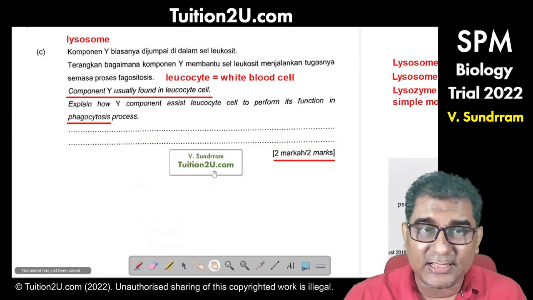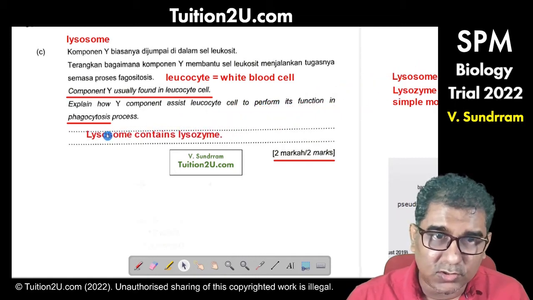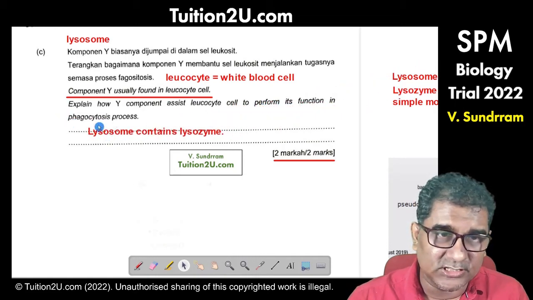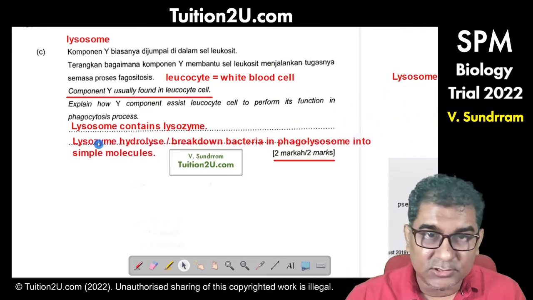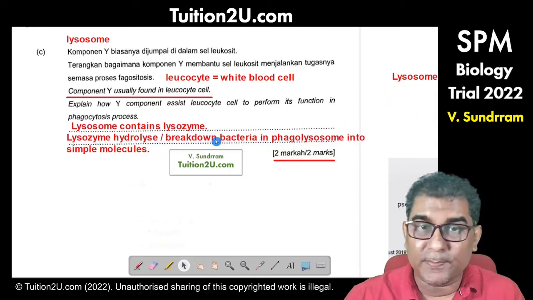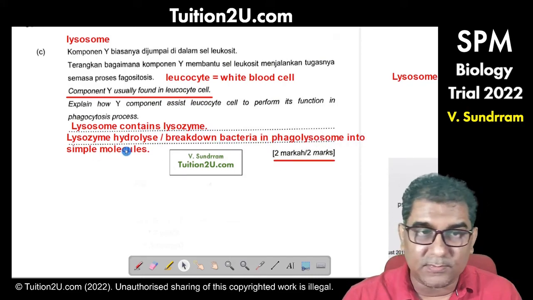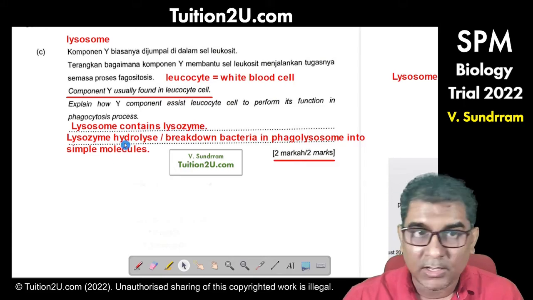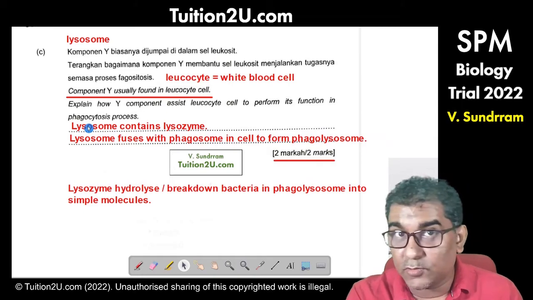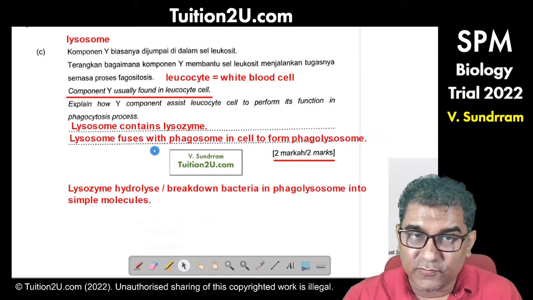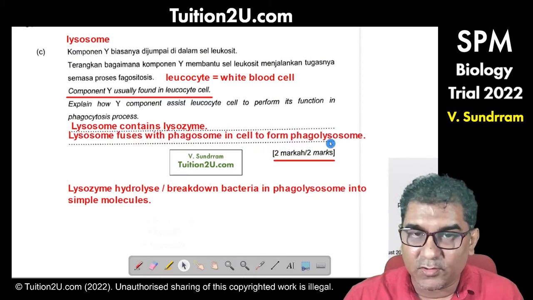So let's go back to this question. Explain how lysosome assists leukocyte. Lysosome contains lysosomal enzyme, 1 mark. Lysosomal enzyme hydrolyzes, breaks down or digests bacteria in phagolysosome into simple molecules. Or we can also add this one to relate to what I explained: lysosome fuses with phagosome in the cell to form phagolysosome.